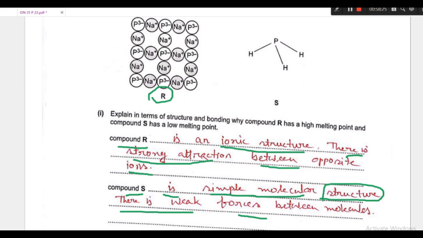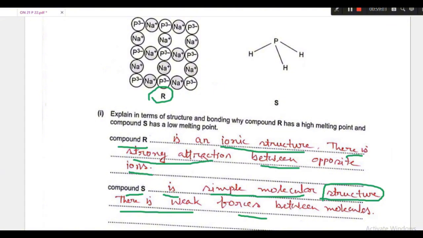In any ionic compound, there is a strong attraction between opposite ions, so a lot of energy is needed to overcome this attraction. That's why melting point is high. Simple molecules have weak intermolecular forces, so less energy is needed to break these forces. That's why a simple molecule has a low melting point.